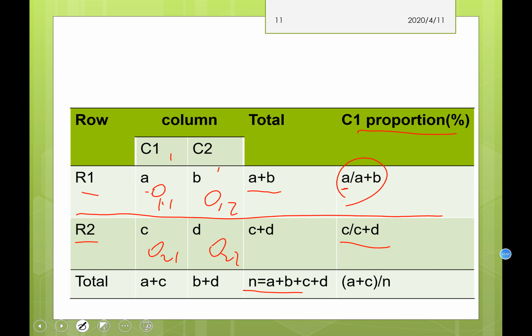So here, if we forget the 2 groups, we just consider that all the individuals are in the same group. That is the total group.